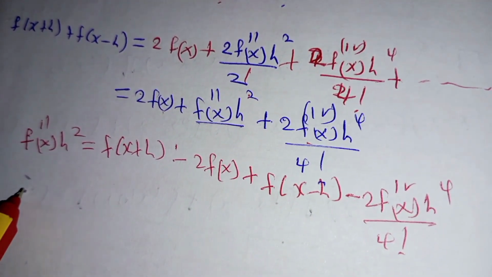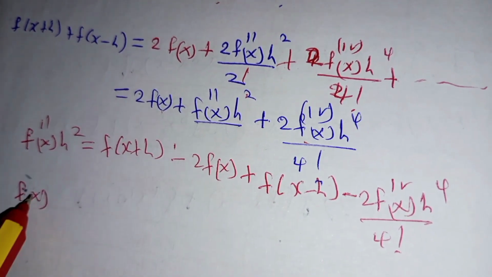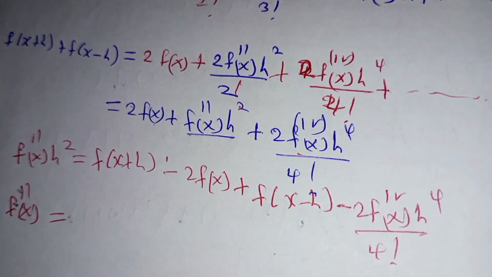Then we divide by h squared on both sides so that you obtain the second derivative of f of x equal to.